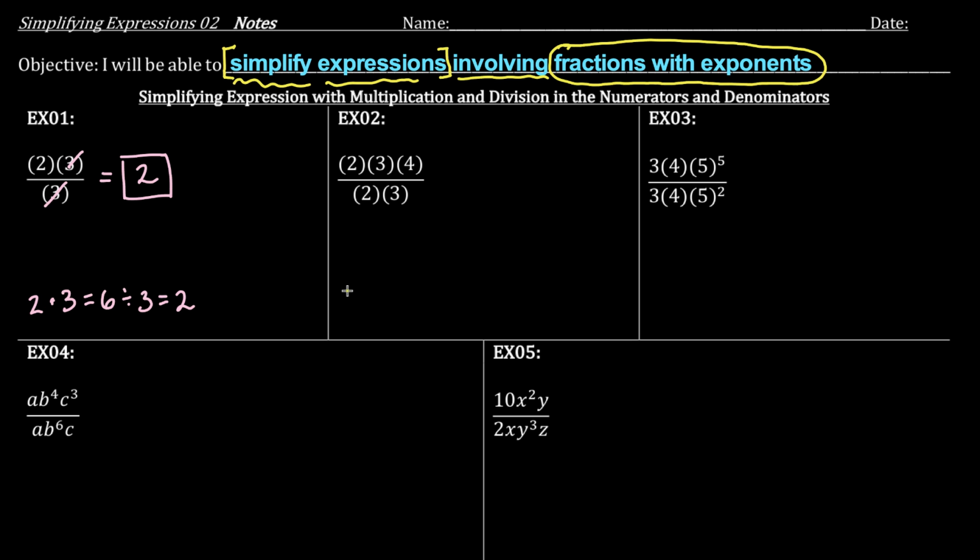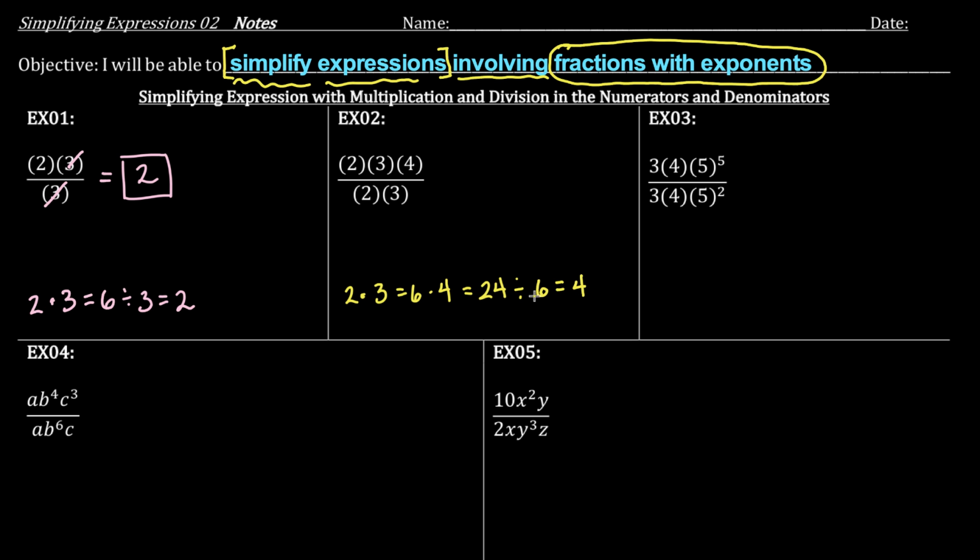If I do 2 times 3, I get 6 times 4, I get 24. And I'm going to divide by 2 times 3, which is, I'm just going to put 6 here. I get 4.